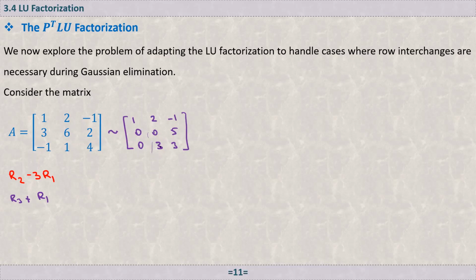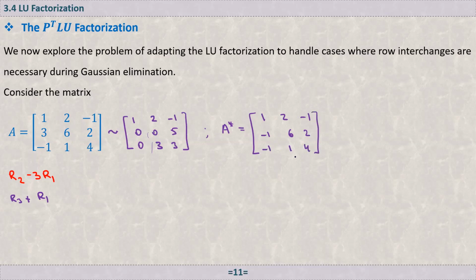Actually, I need to interchange these rows. Let me write A star or something like this. How about if I do this? Here we have 1, 2, negative 1. I write the second row here, so I will have negative 1, 6, 2, and here we have negative 1, 1, 4.